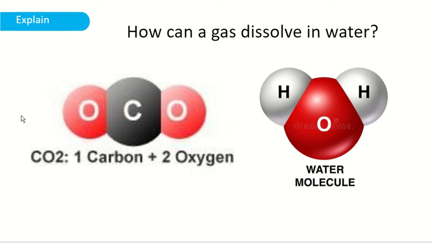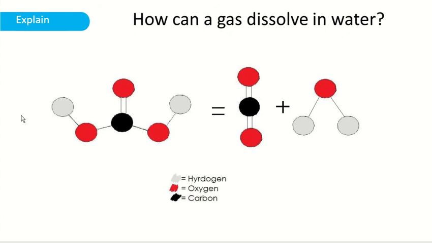So when we use pressure to introduce our gas into our water, we are forcing these two to combine. The polar ends of the water molecule are attracted to the opposite polar areas of the carbon dioxide molecule.